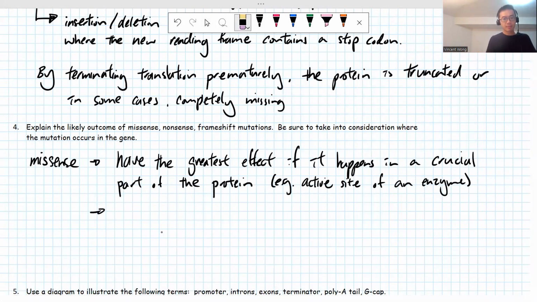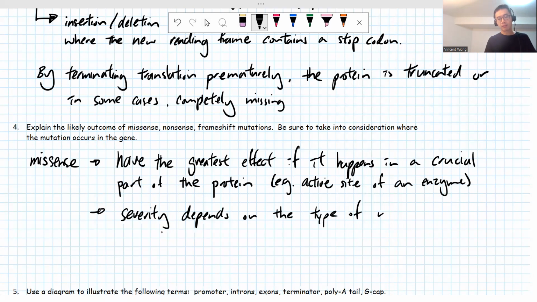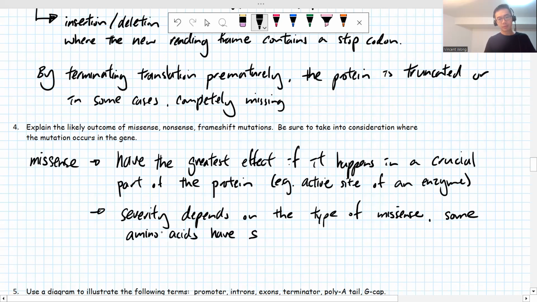Also, severity depends on the type of missense. Some amino acids have similar properties.